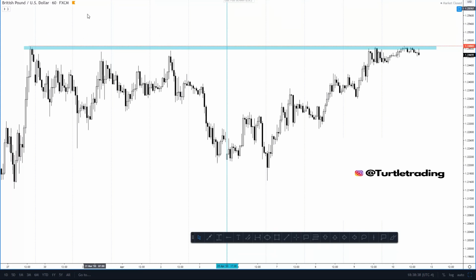Liquidity just means a lot of stop orders that would be placed above the highs for anyone who goes short, and possibly anyone who wants to go long. They might put a buy stop because they think, once resistance breaks, we're going to retest it as support, or break out and continue higher on GBPUSD. So you have two types of people who are going to be interested in a break above this level.